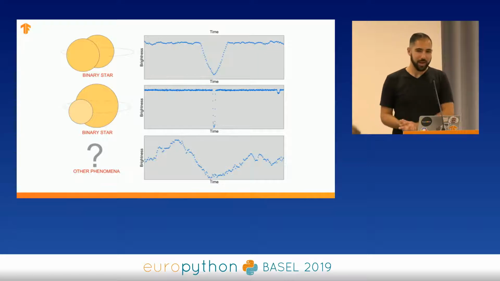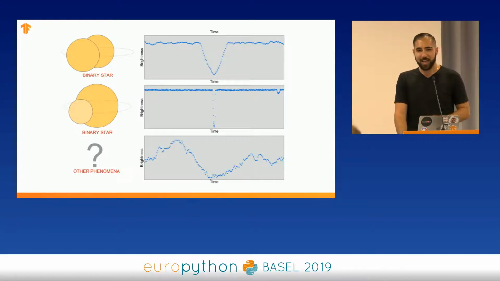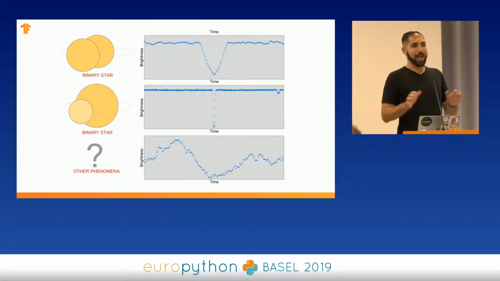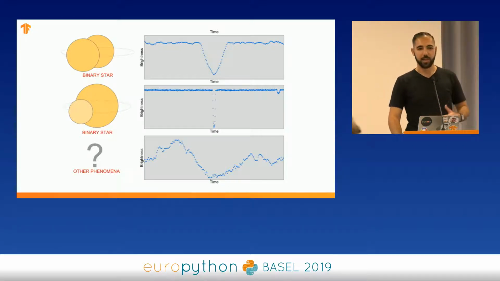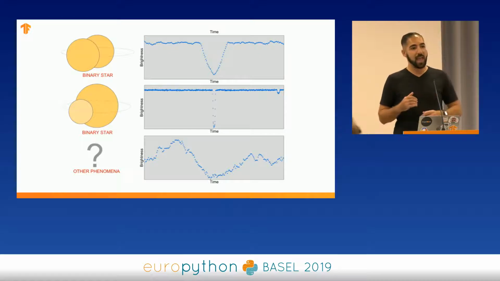And then this is probably my favorite example of the bunch. Here we're using AI and TensorFlow to help predict whether or not objects in space are planets. Just a brief astronomy lesson of how this works: if you imagine you have a large body of light, like the sun, and something moves in front of it, then the brightness will decrease ever so slightly, but enough that we can use telescopes to pick up on the differences in brightness, and we can graph that as we see here on the right.